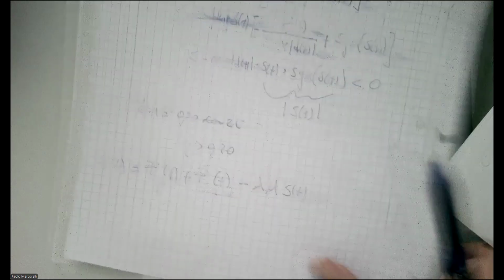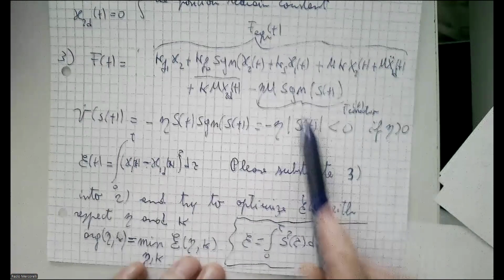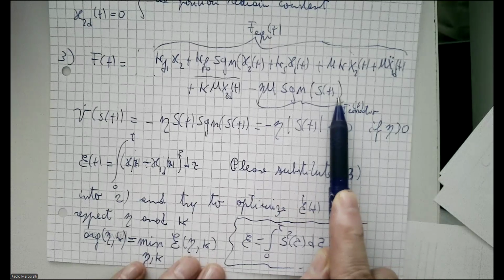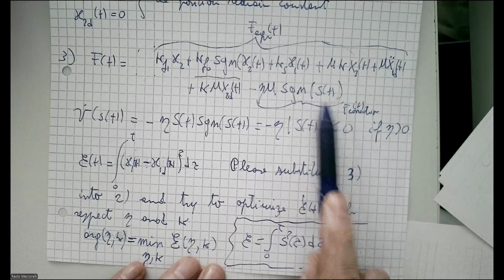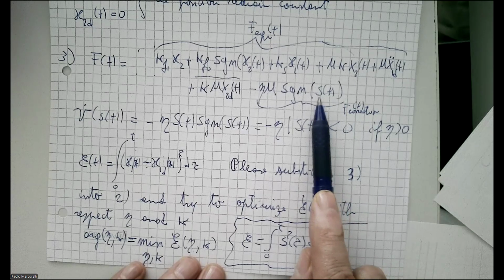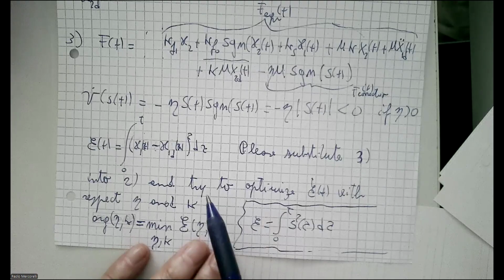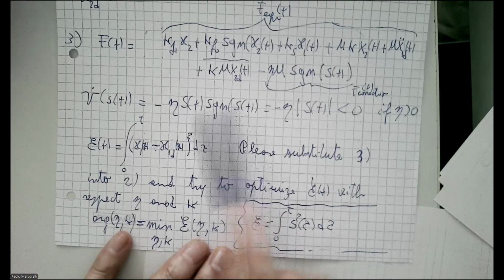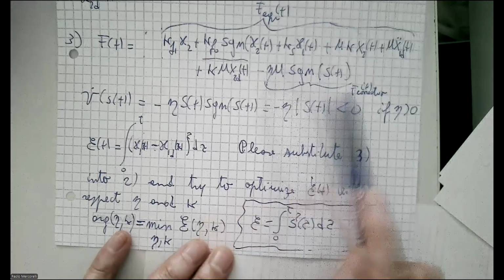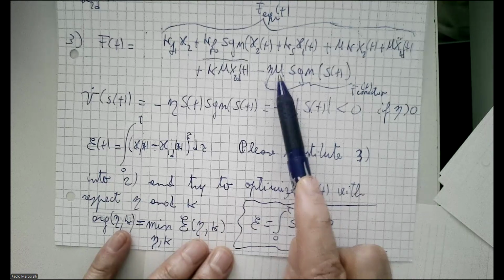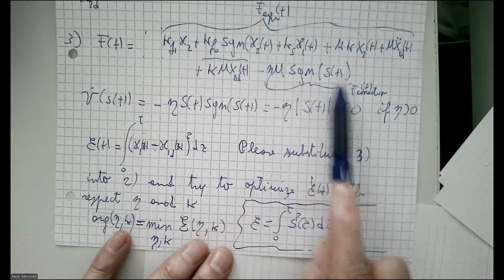Why that? Because this element here is not sensible with respect to the distance to s of t equals 0. I multiply by eta multiply m independently of s of t.